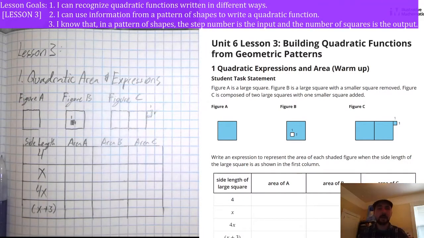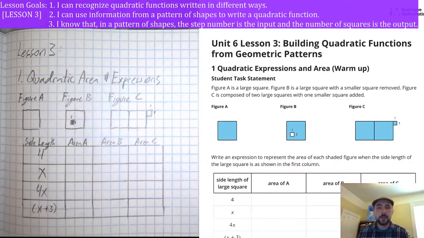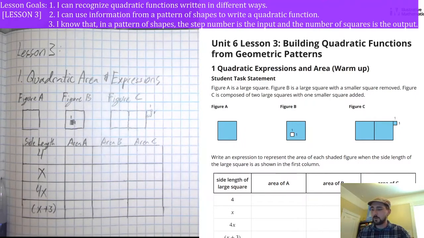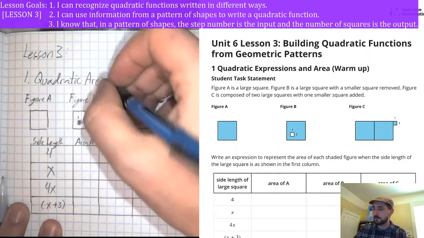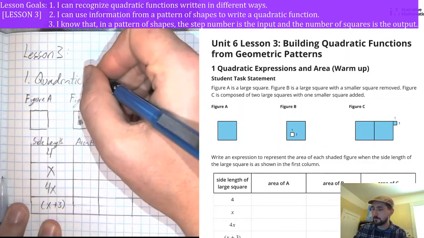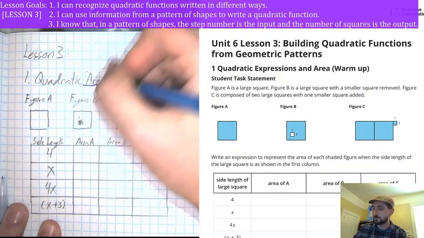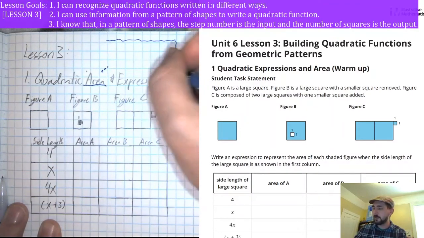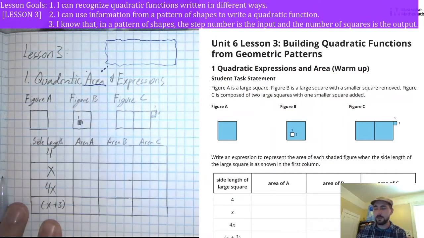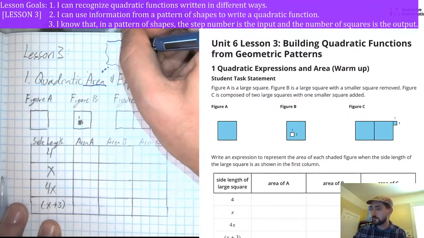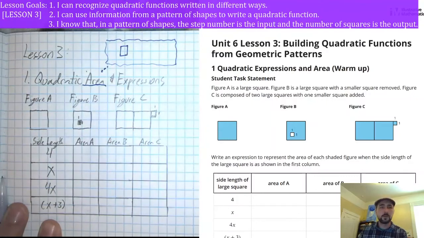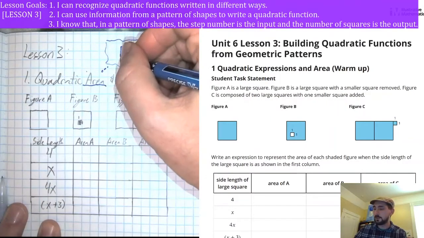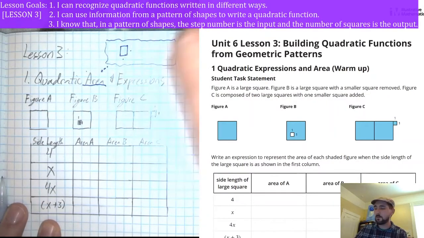Okay, welcome back everybody. Let's remind ourselves quickly what we mean when we say area. Let's give ourselves a little thought bubble over here. This is our area. When we're dealing with the area of a square, we have the length down here and the width here, but both of those are the same.